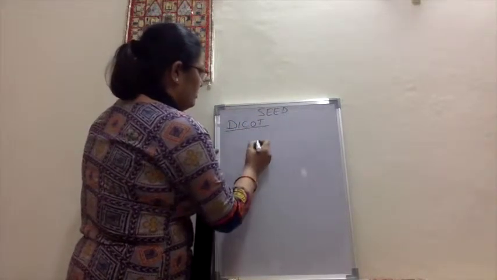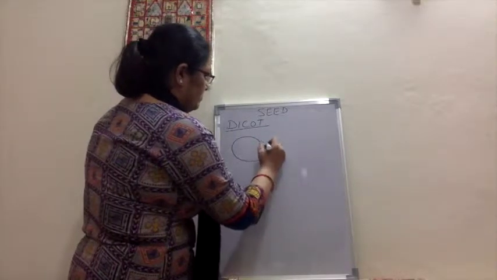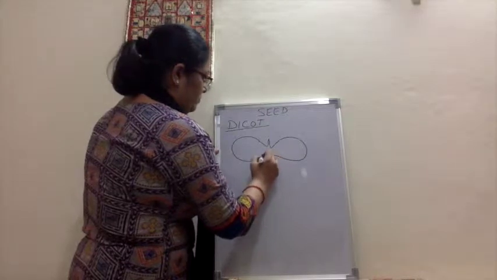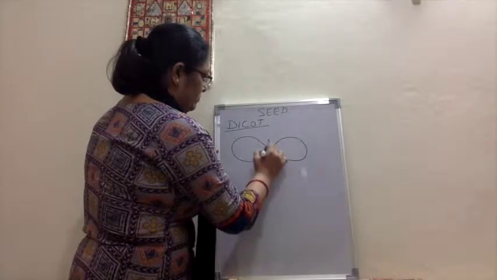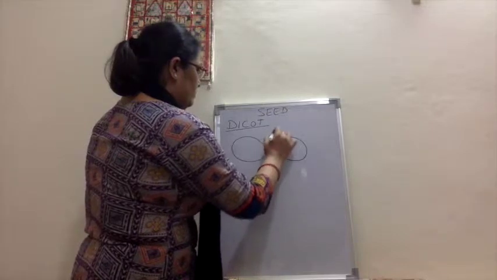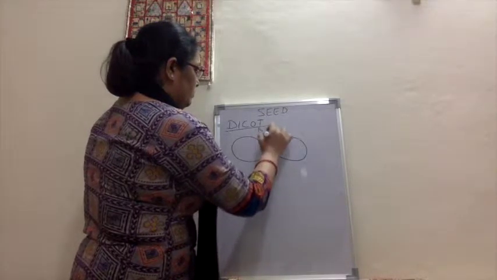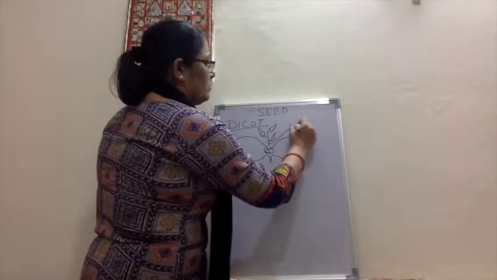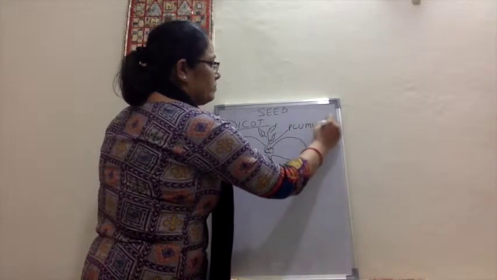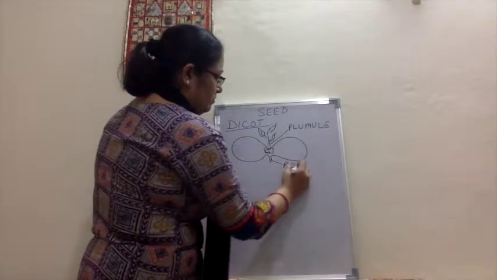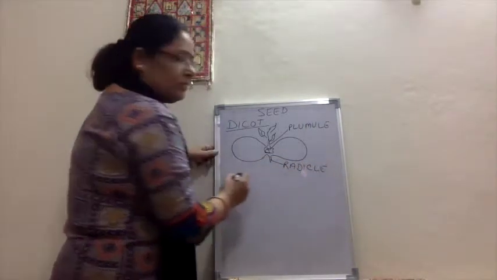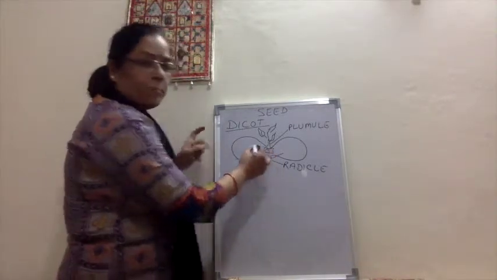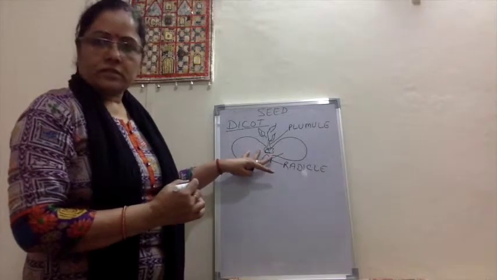Now in dicot, this is plumule and this is radicle, and these are the two cotyledons, and there is the embryo embedded in between the cotyledons.